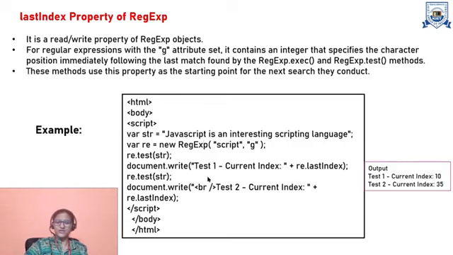So document.write test 1 current index. The current index can be found with the help of re.lastIndex. When the script is finished for the first time, at index 10, it will return index 10.